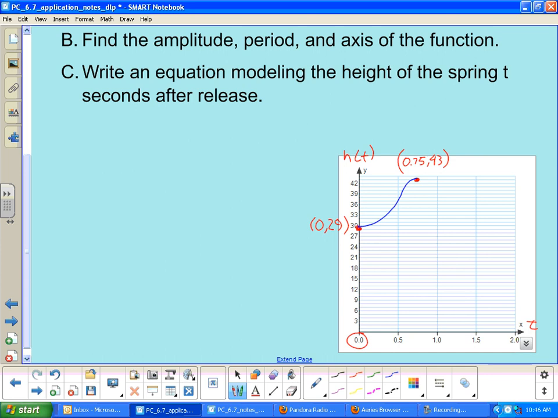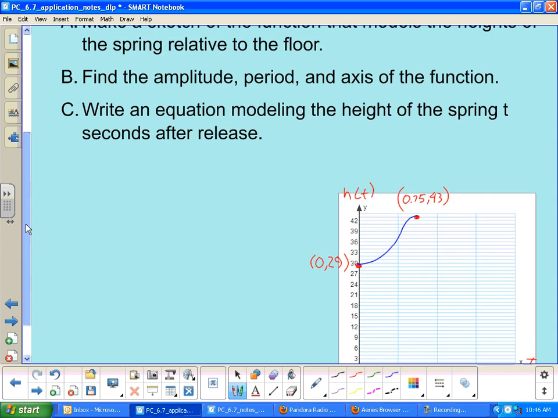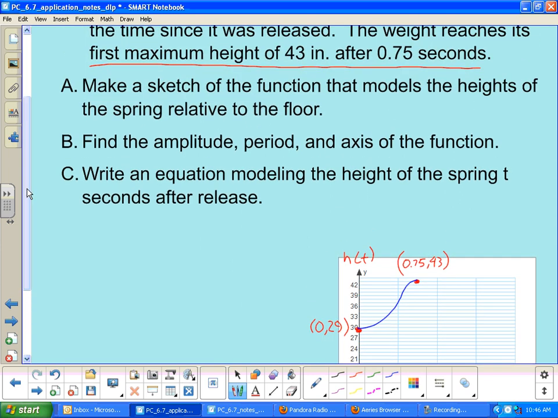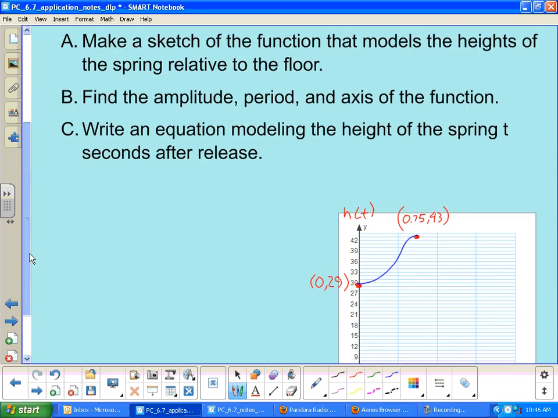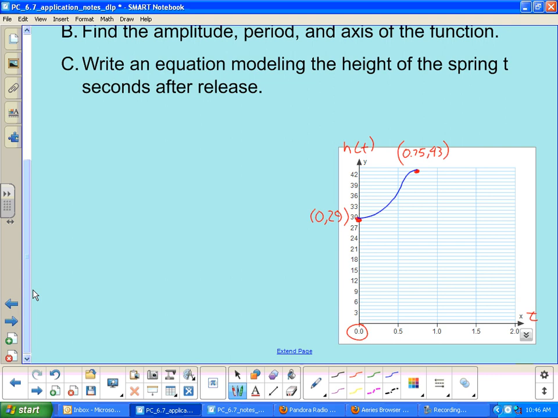What's the period of this graph? How long does it take to get back down? 1.5 from 0. So it's a total of 1.5 seconds. You've got to remember this, people. This will make or break your problem.